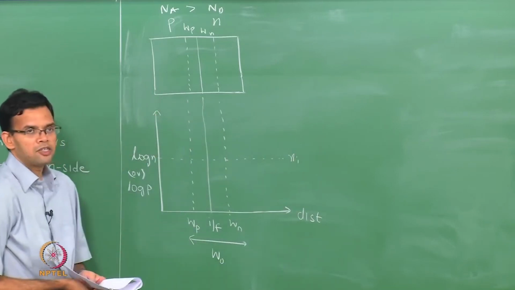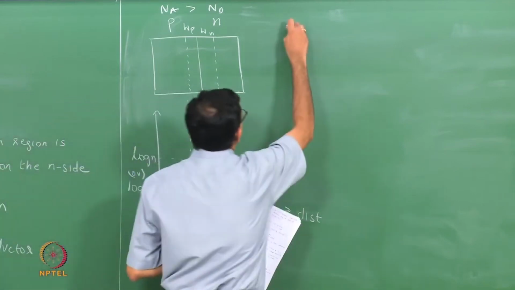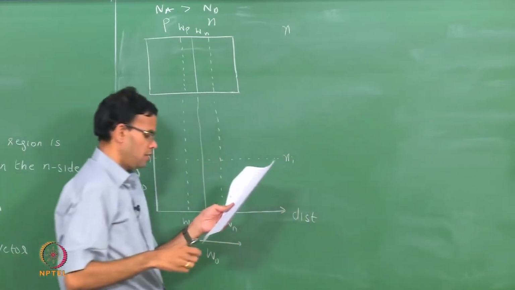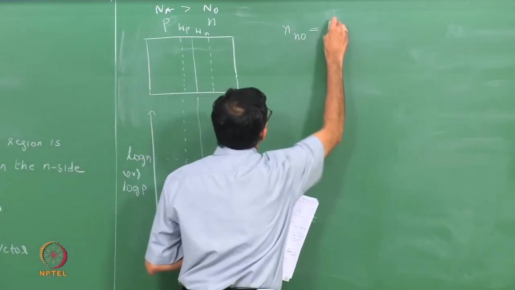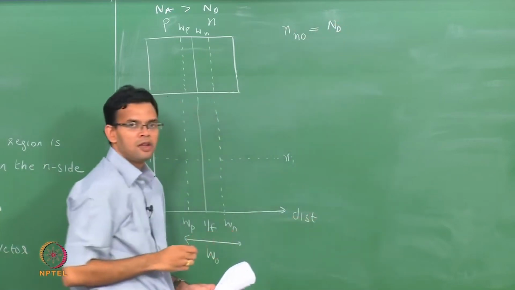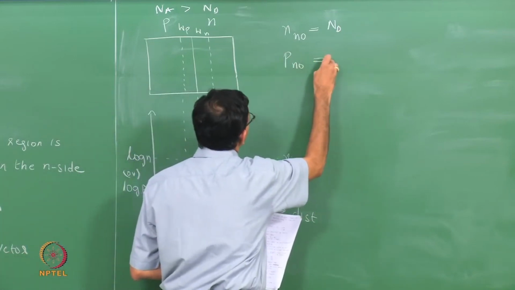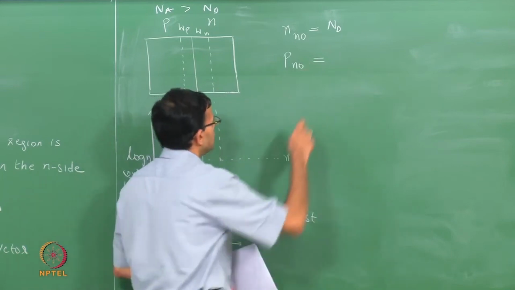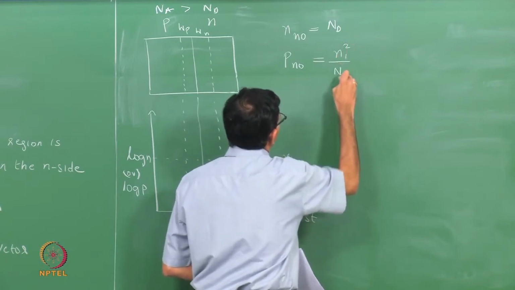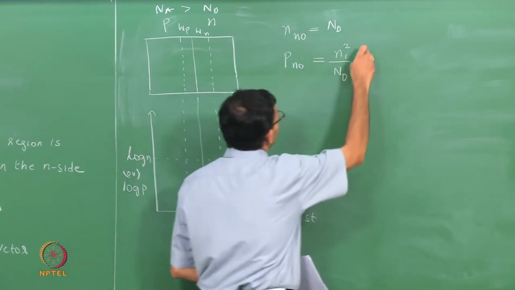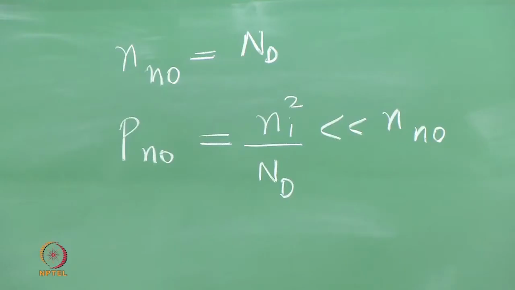In the case of electrons on the n side, the concentration of electrons, let me call it n0, is nothing but Nd. The concentration of holes in the n side, we can use the law of mass action, it's nothing but Ni square over Nd, and usually this is much less than Nn0.